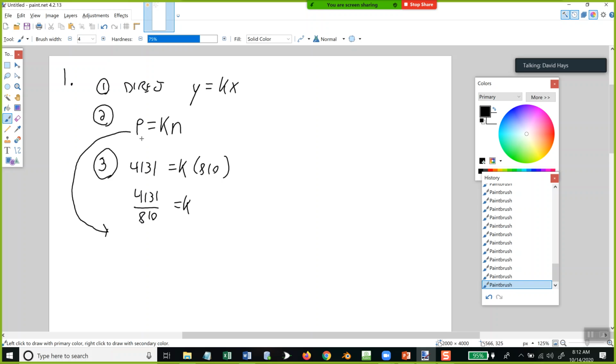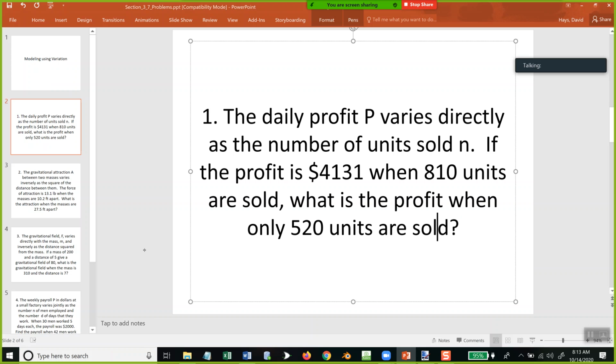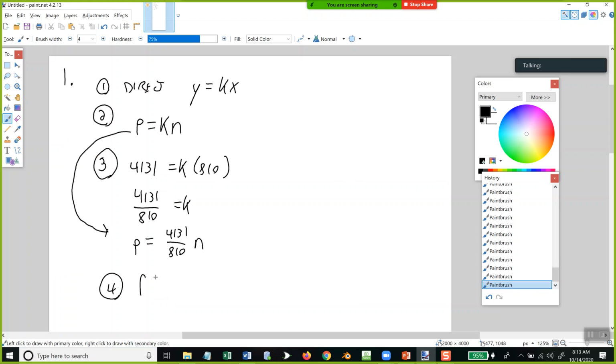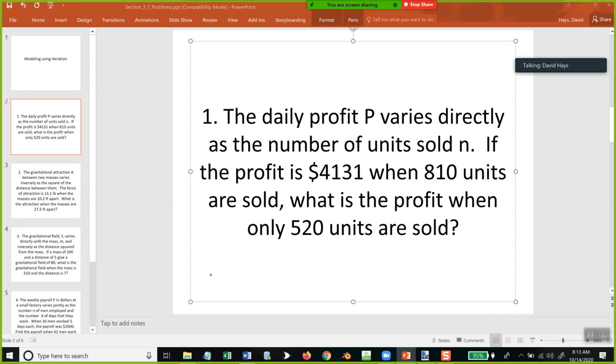Then we want to plug that back into our equation from step 2. So we now know what k is. So P is equal to 4,131 over 810 times n. That's a new equation we're working with. Then find what they really want. It says, what is the profit? So what is P when only 520 units are sold? So P is going to equal 4,131 over 810 times 520.